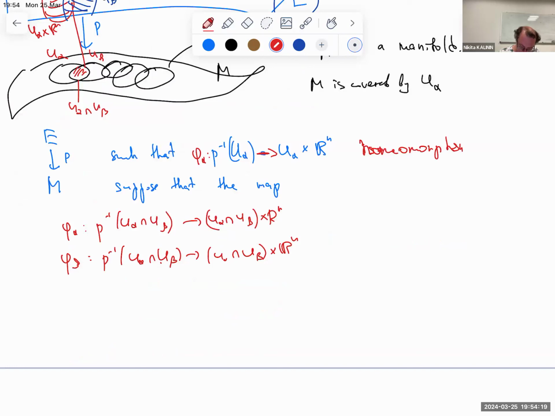We want to say that both of them are homeomorphisms, and that the map phi beta composed with phi alpha inverse is a map from U alpha cross U beta cross Rn to itself.